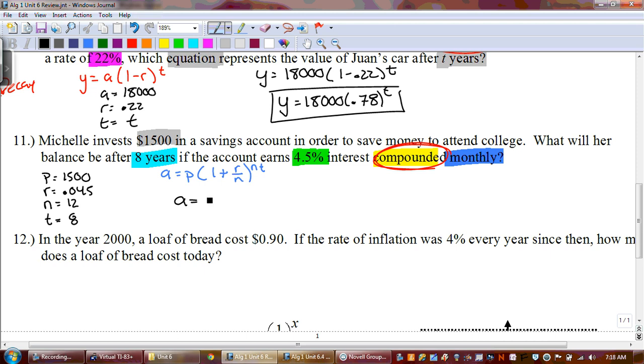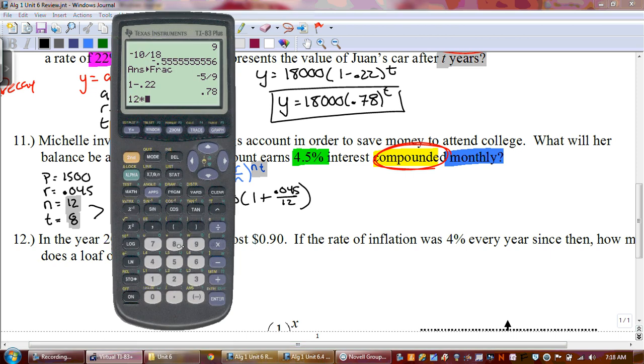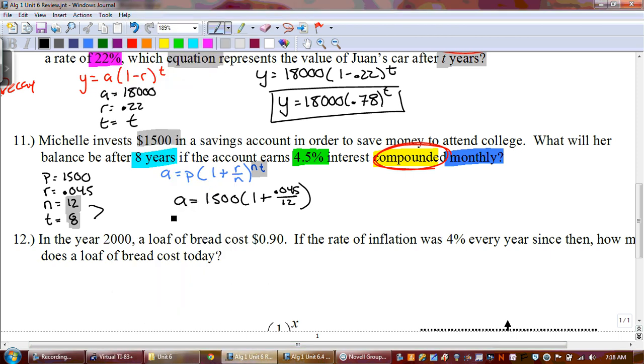A equals 15,000 times (1 plus 0.045 divided by 12). And on the top, we have to do n times t. So n times t, 12 times 8. If you don't know it, do it. Okay? We get 96, so then we put 96 up top.